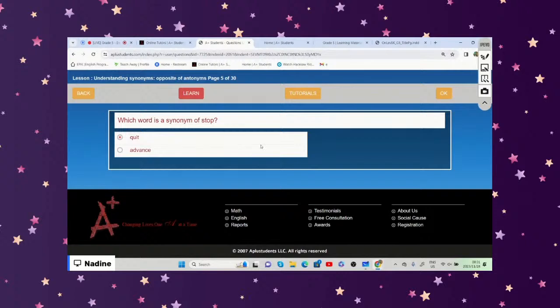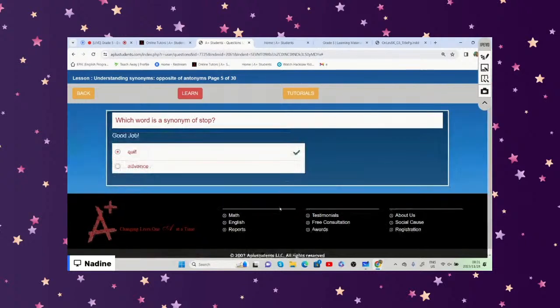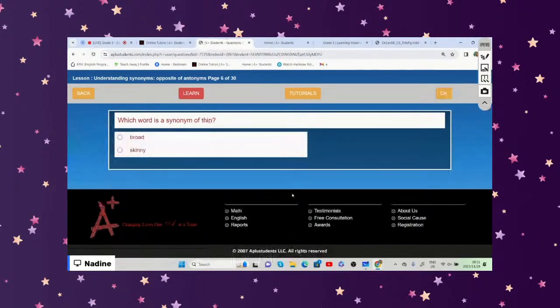Because if you're stopping, you're quitting, you're not continuing. And advance means you are moving on to the next grade, the next level. Whereas with stop, we are quitting, we are not continuing, we're not advancing. So quit is correct.